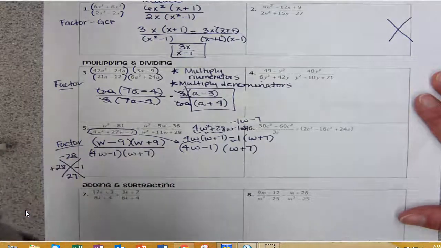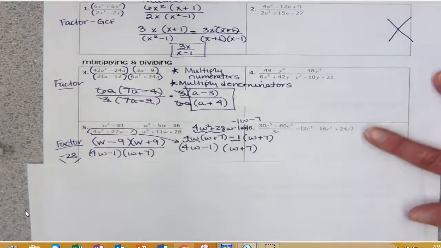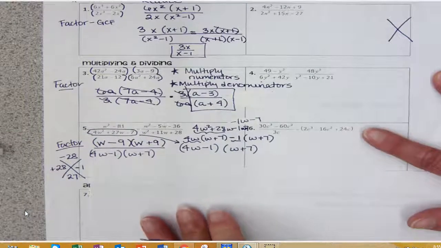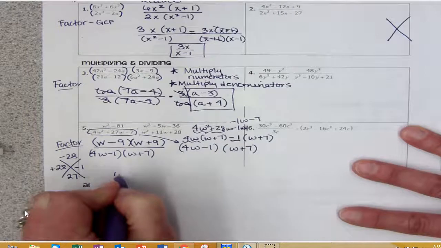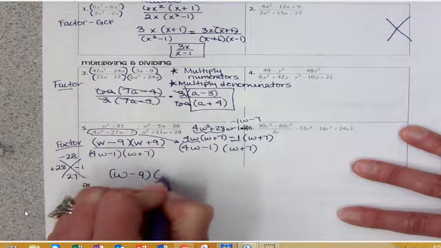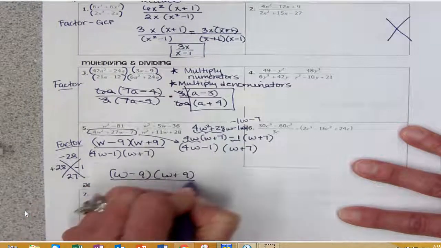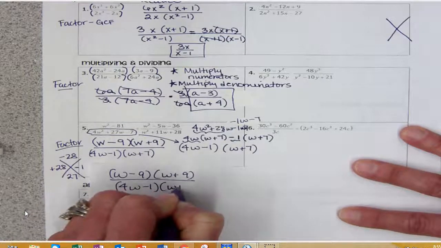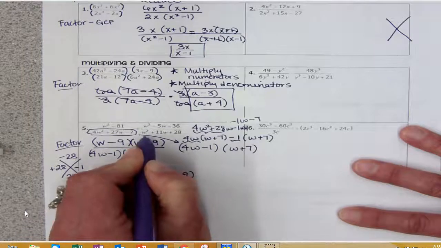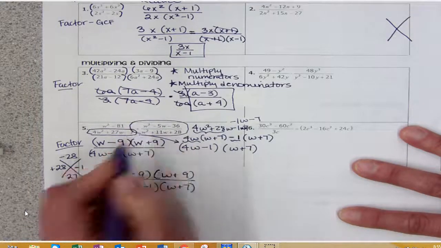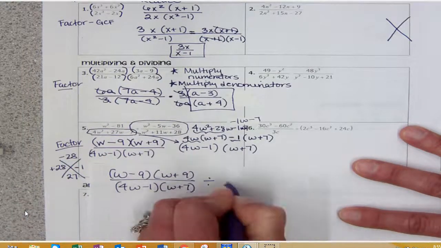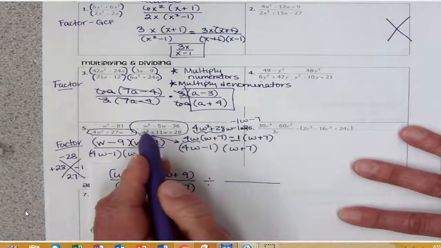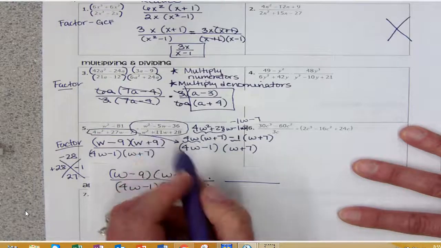Now, I get another piece of paper. So this is the first one: (w - 9)(w + 9) over (4w - 1)(w + 7). This also needs to be factored. So I'm going to say divided by what two numbers multiply to give me negative 36 and add to give me negative 5.